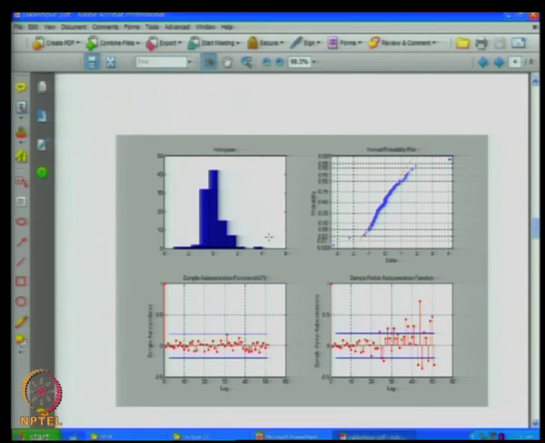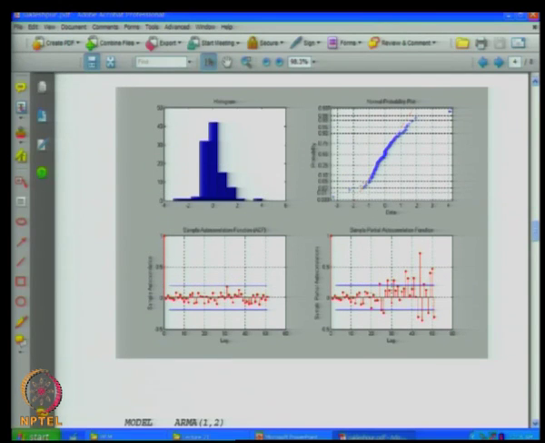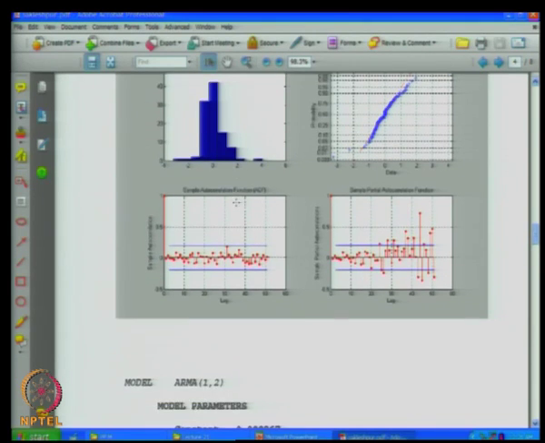These are for the residuals. Now, there is a concept called the normal probability plot, which I have not discussed so far in the class. Maybe towards the end of the course, I will introduce this. This is to examine whether a particular data series in fact follows a normal distribution or not. So, for the time being, please do not worry about this; look at these three figures. This is on the residual series.